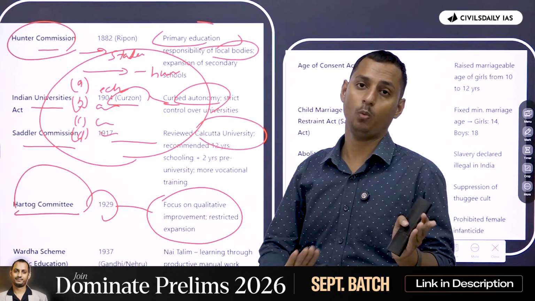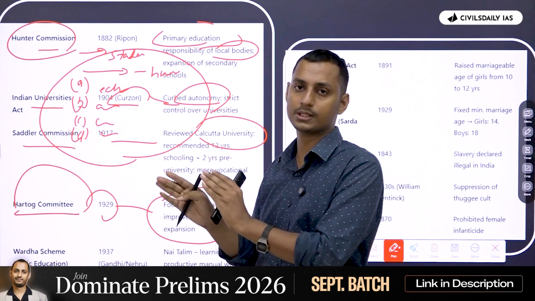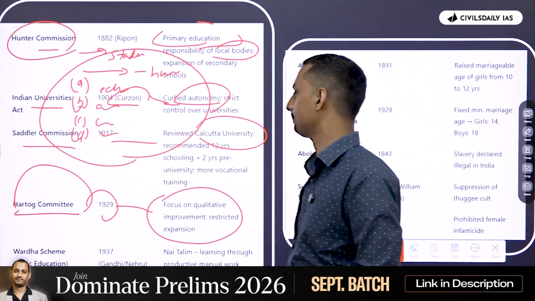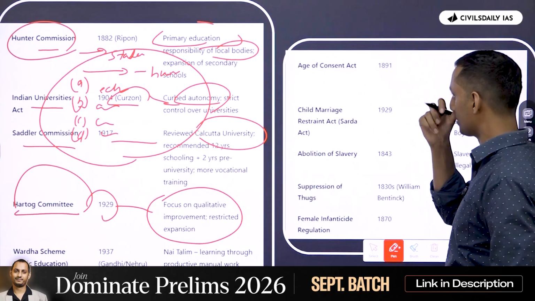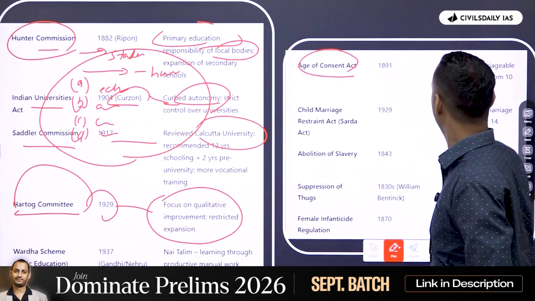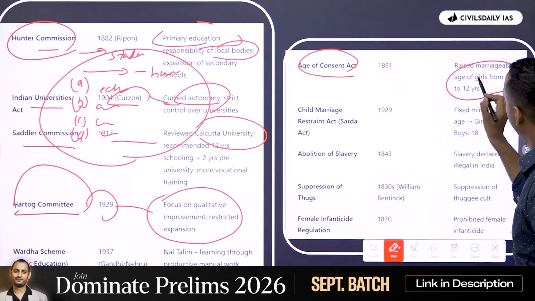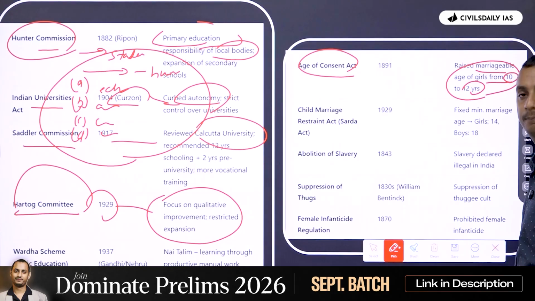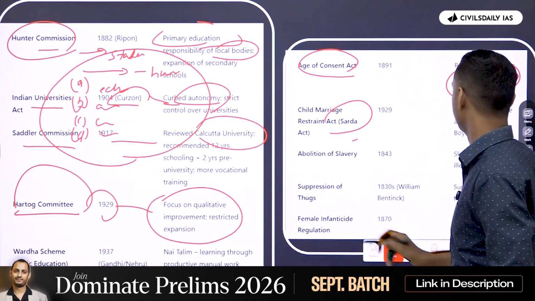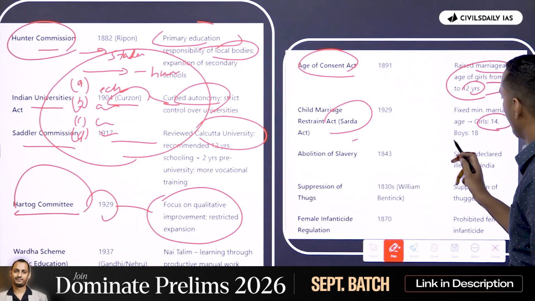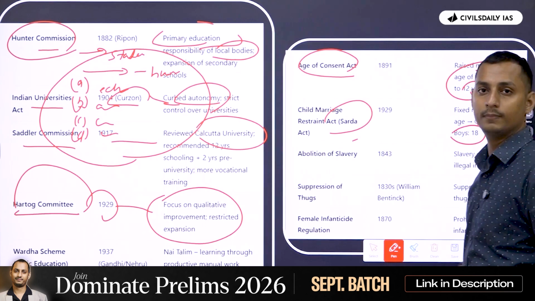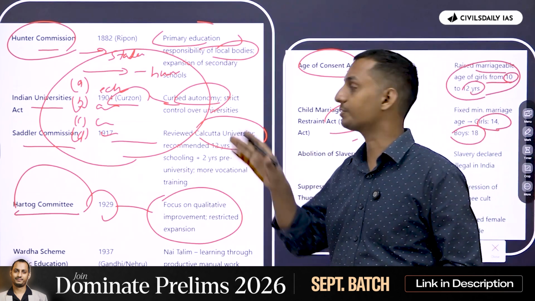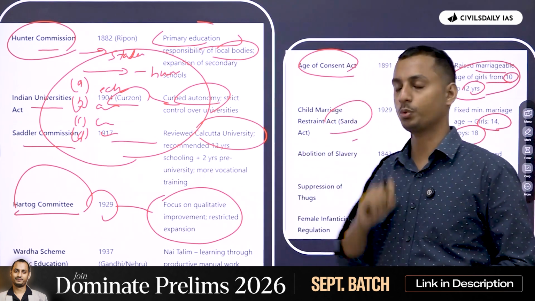Just understand what was the significant thing that was discussed and what it is related to. Now, in the case of social reforms as well, the Age of Consent Act: what was the important area? It raised the marriageable age of girls from 10 to 12. This is only relevant. In the case of the Sarda Act, the age for girls was increased to 14 and for boys to 18. So make a 1-page note with respect to education and also the social reforms.